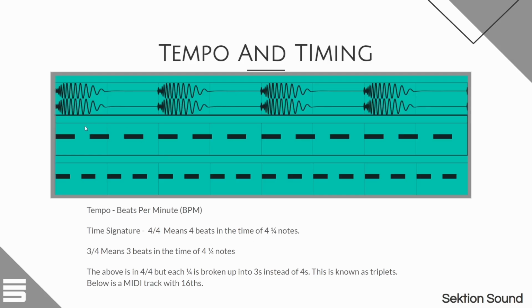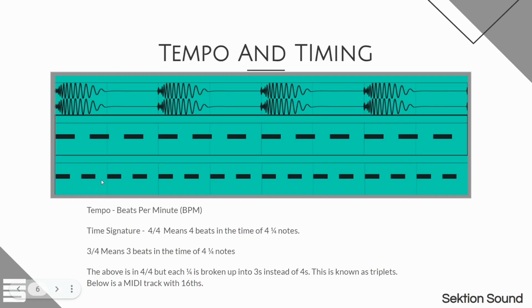So we can see here that underneath my kick, I've fit 3 MIDI notes evenly spaced between these kicks. That might feel like a different timing, but as you can see, we still have 4 kicks for every bar. So it's still 4/4, but since there's 3 beats between every kick, that's called triplets.